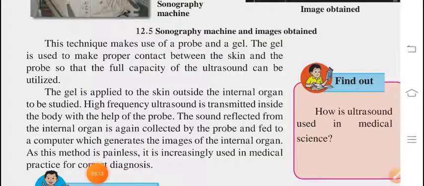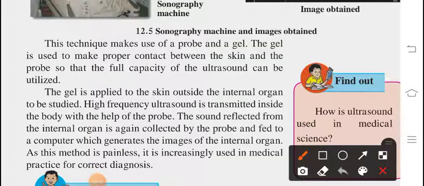So we can say that this technique makes use of a probe and a gel. The gel is used to make proper contact between the skin and the probe, so that the full capacity of ultrasound can be utilized. The gel is applied to the skin outside the internal organ to be studied.